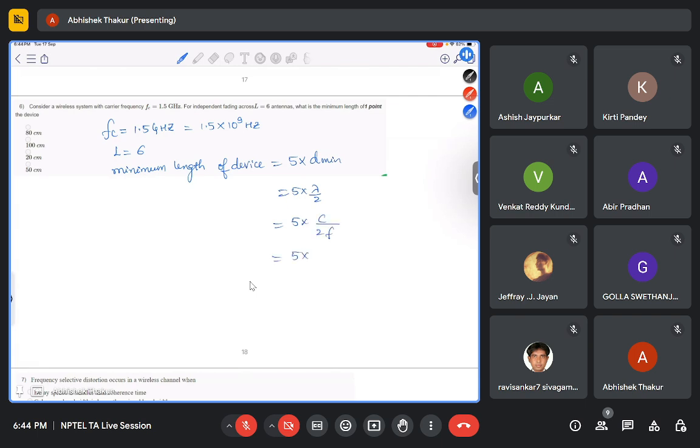So the final answer will be 5 into 3 into 10 to the power of 8 divided by 2 into 1.5 into 10 to the power of 9. So this will be 1 by 2 is equal to 0.5, that is 50 centimeter will be the answer. So option D is the correct answer for this question.